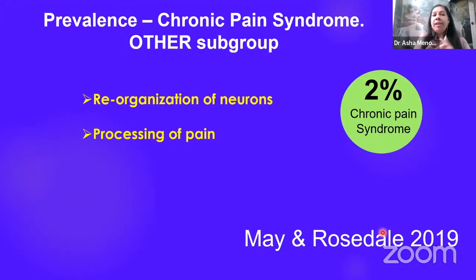And what is the prevalence that we have seen in the McKenzie method in this subgroup of patients who would have outcomes which are not so good, and who would definitely need multidisciplinary treatment? We have identified in the May and Rosedale paper of 2019 that about 2% of patients would be featuring into the chronic pain syndrome. So what does it tell us really?